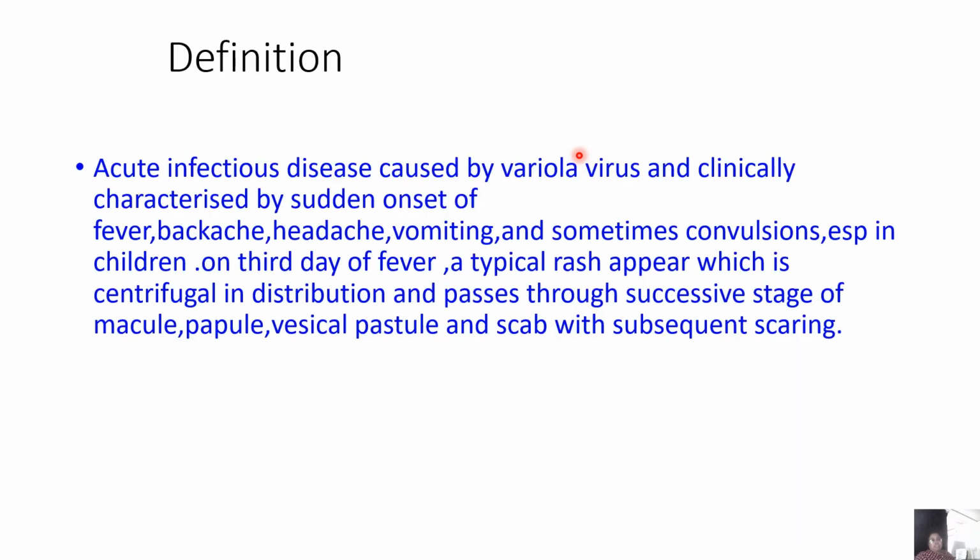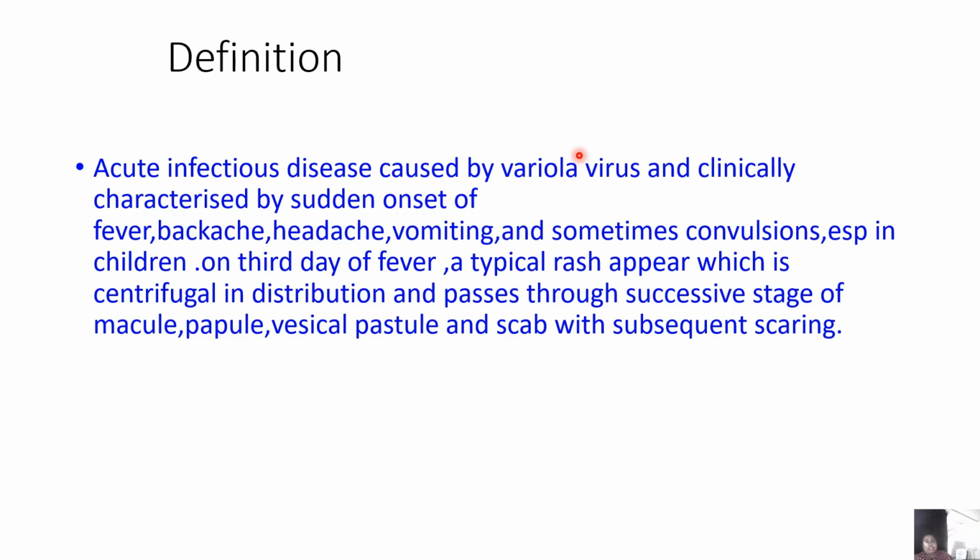So this was Sir Edward Jenner. Smallpox is an acute infectious disease caused by the variola virus, clinically characterized by sudden onset of fever, backache, headache, vomiting, and sometimes convulsions, especially in children, on the third day of fever.